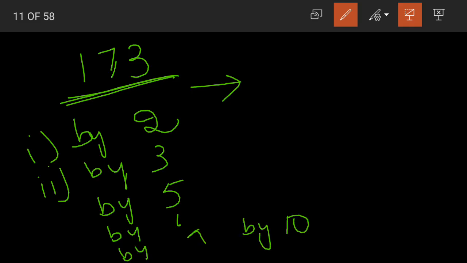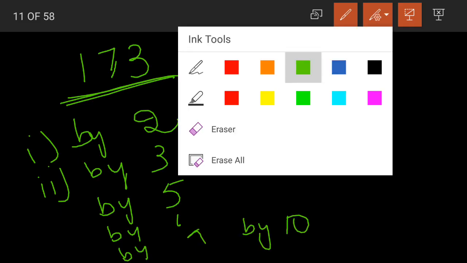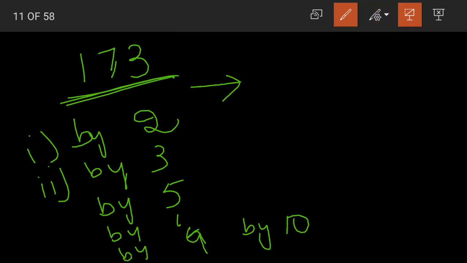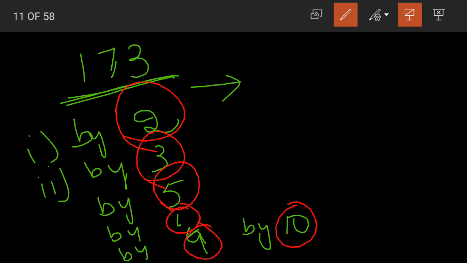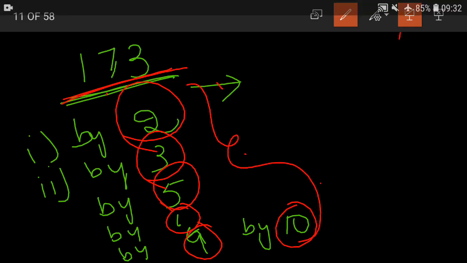These are the 6 divisibility rules that we have learnt today. Yes or no? What did we learn? Divisibility by 2, 3, 5, 6, 9 and 10. So a single number should be checked for divisibility by all these given numbers. So it is important that you remember all the divisibility rules.